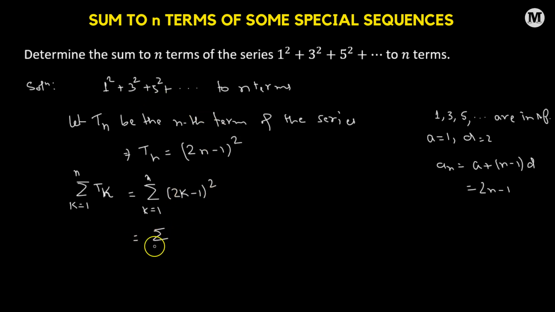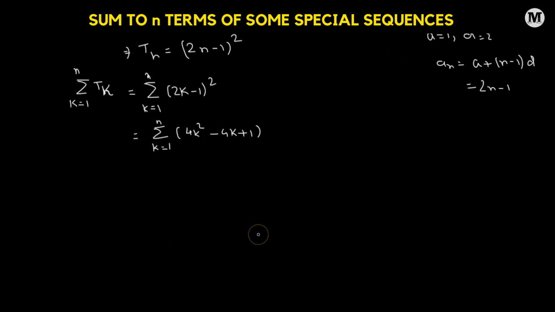So we have summation k running from 1 to n of 4k squared minus 4k plus 1. Now we will expand the summation. That gives us summation of 4k squared, where k goes from 1 to n, minus summation of 4k with k running from 1 to n, added to summation of 1, with k running from 1 to n.